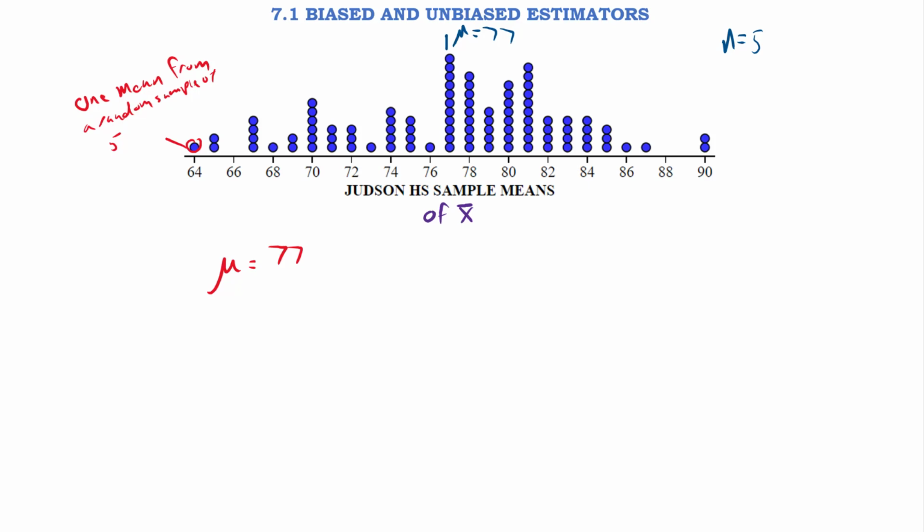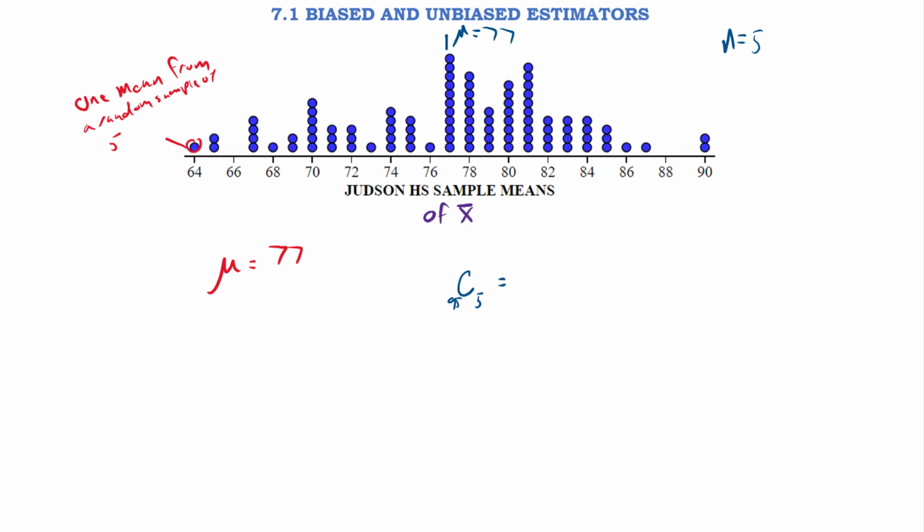Was that all of the possible arrangements of 5 scores to get the means of those? No, it was not. Because if we were to do that, we could do the combinations. We'd take combinations of 95 total, taking a sample of 5 each time.